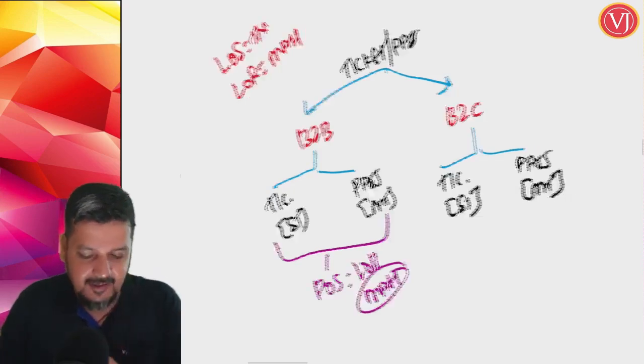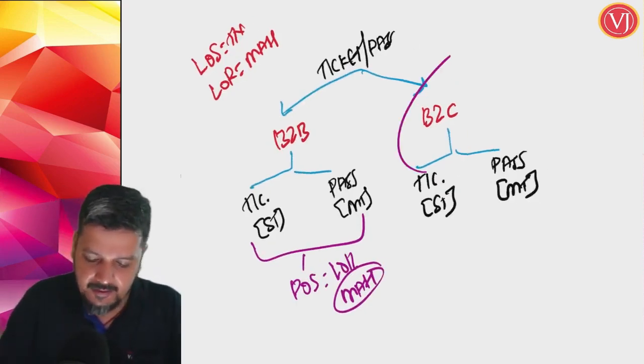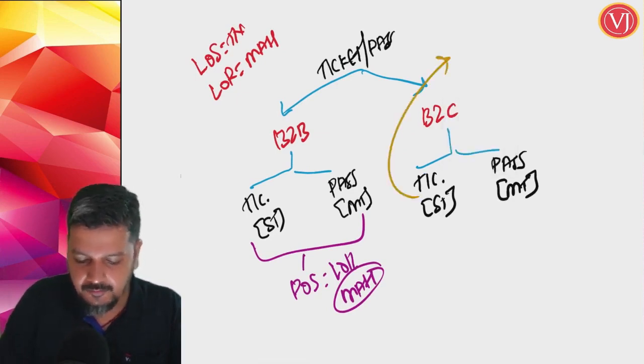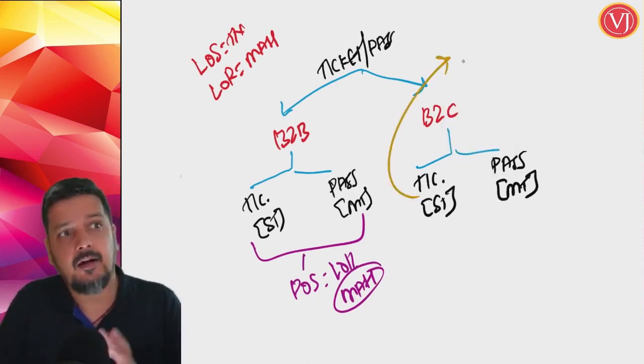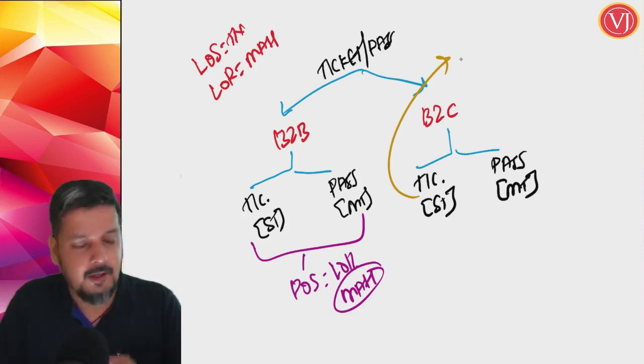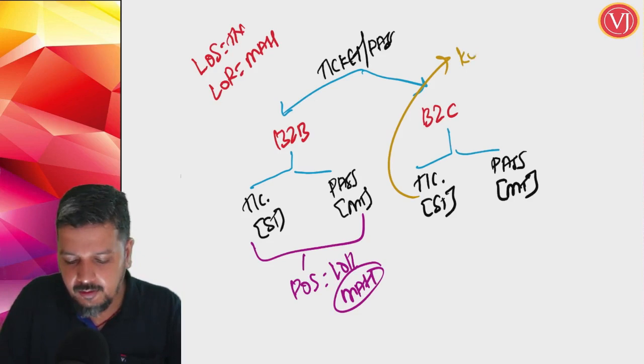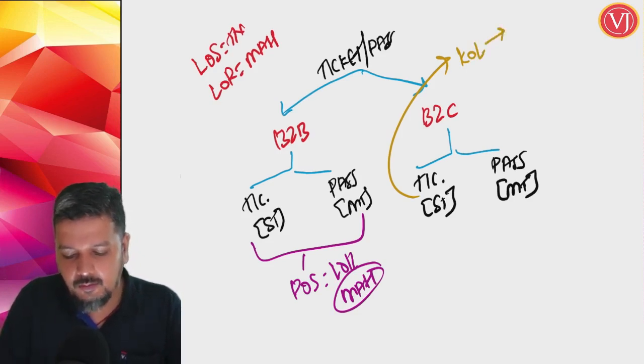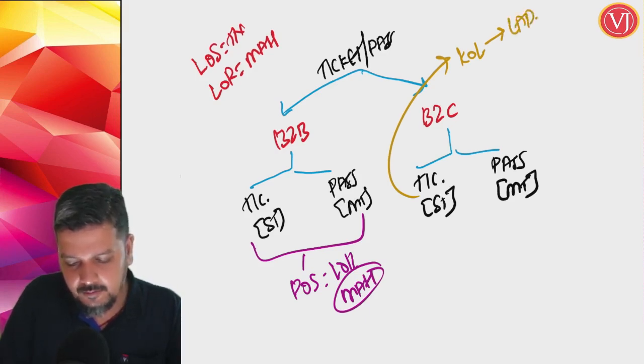Now, if it is a ticket, let us assume I am taking other places, neither Tamil Nadu nor Maharashtra. I am going to travel from say Kolkata to say Ladakh.